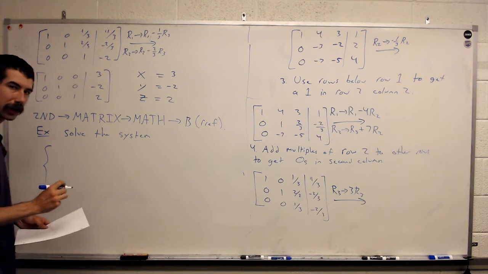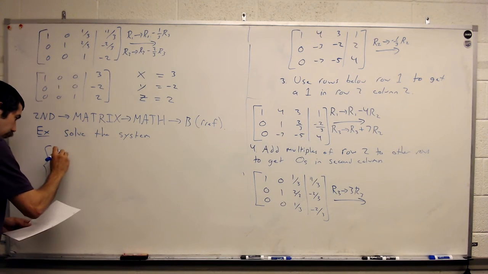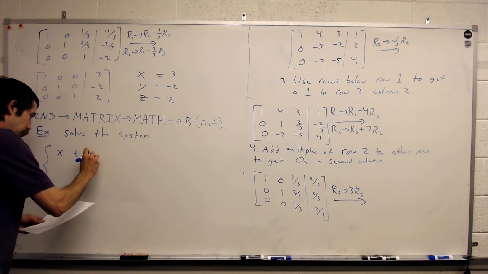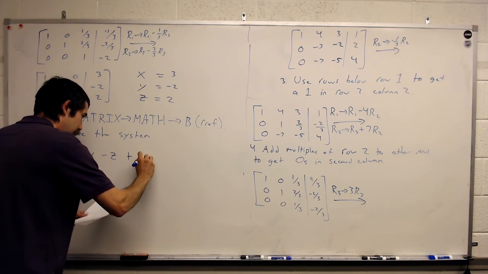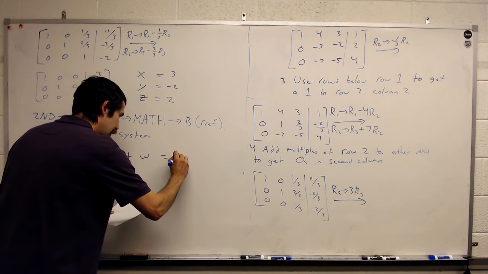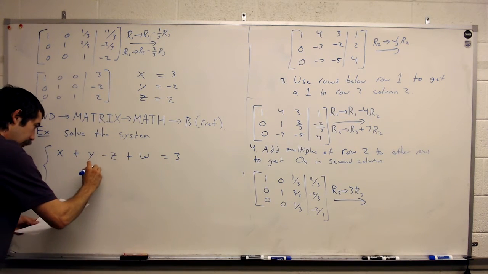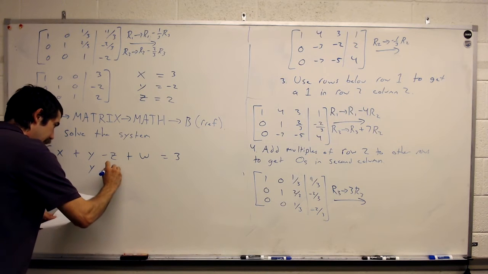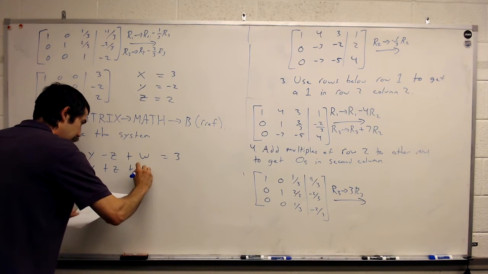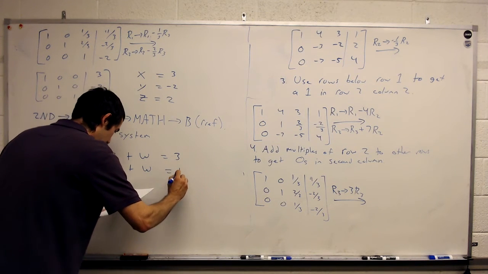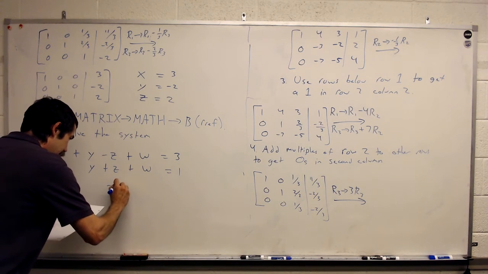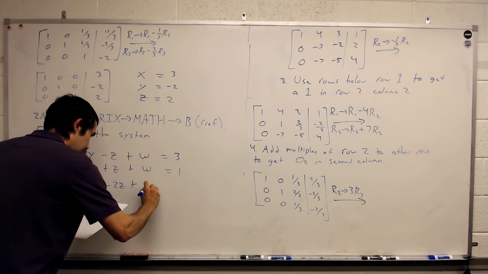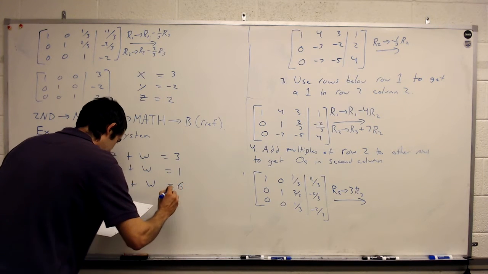We're going to have 4 equations and 4 unknowns. So x plus y minus z plus w equals 3. Y plus z plus w equals 1. X minus 2z plus w equals 6.